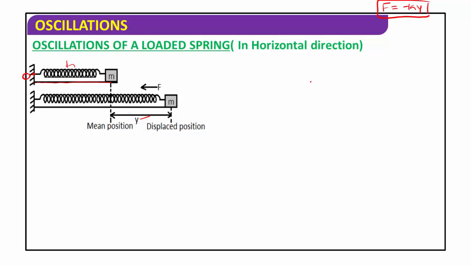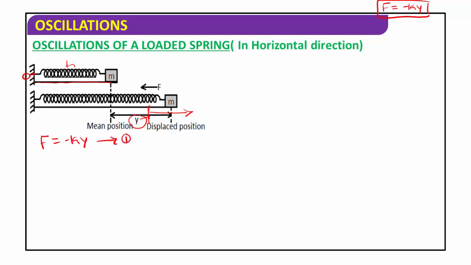Therefore, if the block is displaced towards the right through a small displacement y, the restoring force produced in this spring is F is equal to minus k into y.